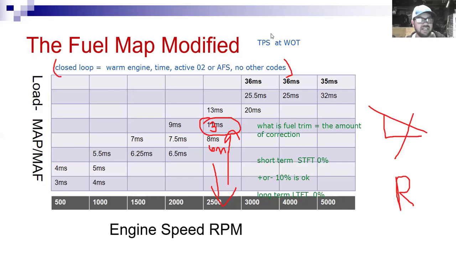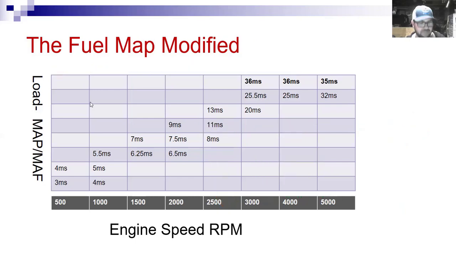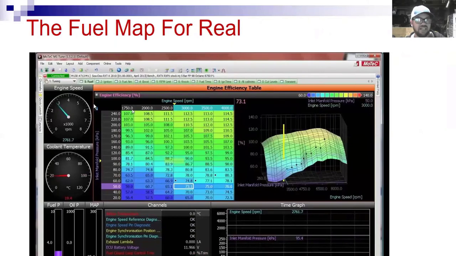Okay, so knowing all this, why is it so powerful? Well, first of all, it's one of the things that we can access with the generic scan tool. Now, I wanted to show you one slide with a MOTEC programming table here. You can see it's really a three-dimensional table.